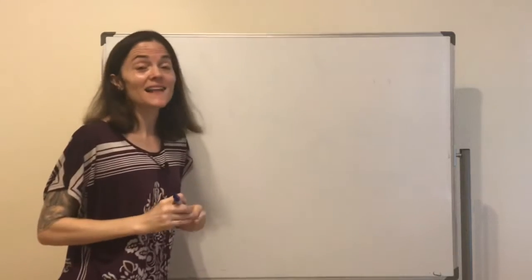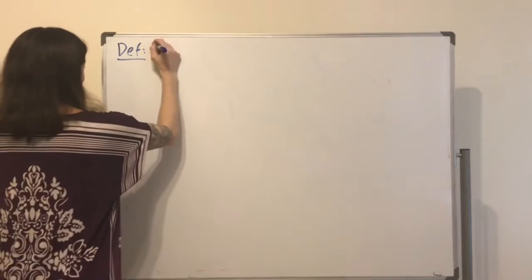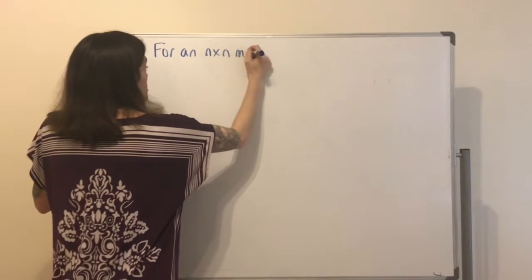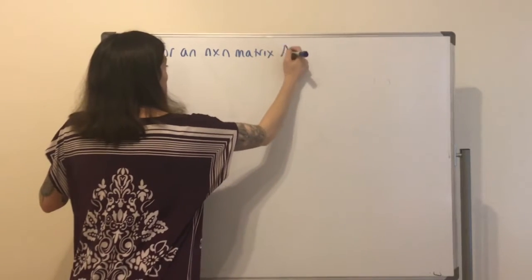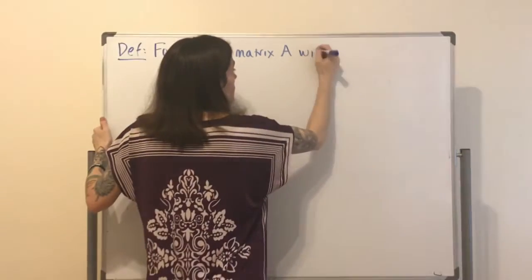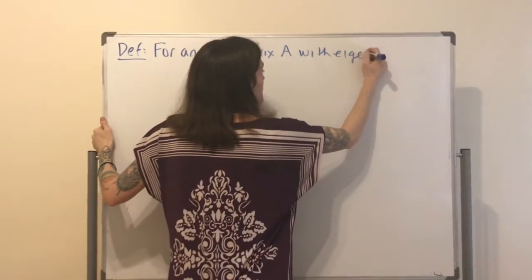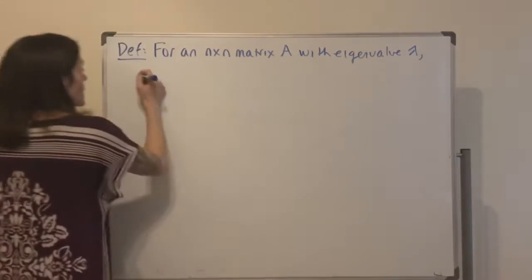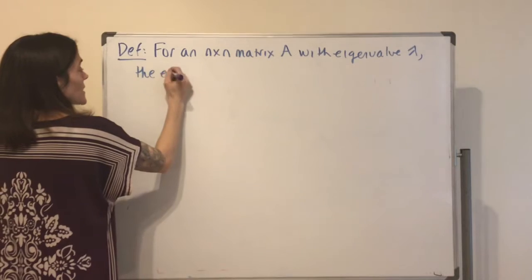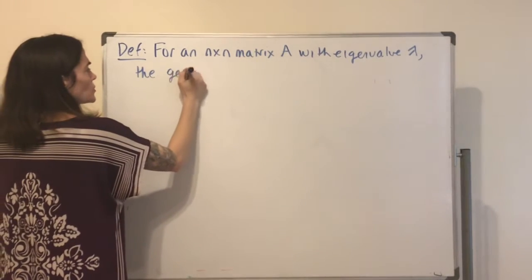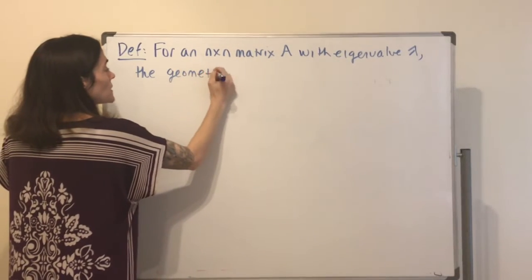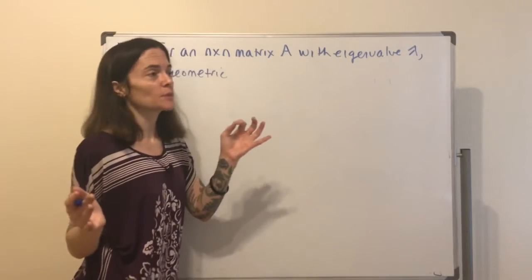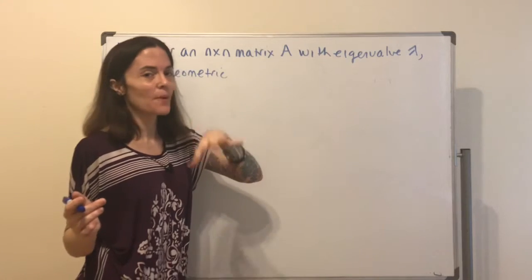This leads to the following definition. For an n by n matrix A with eigenvalue lambda, the geometric multiplicity, this is what I'm defining, geometric multiplicity. We talked about algebraic multiplicity last time. We get the algebraic multiplicity just by looking at the characteristic polynomial.